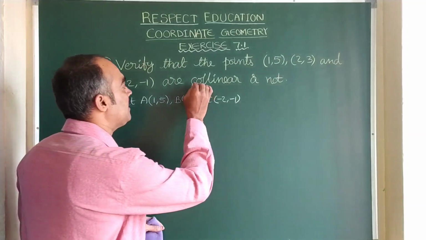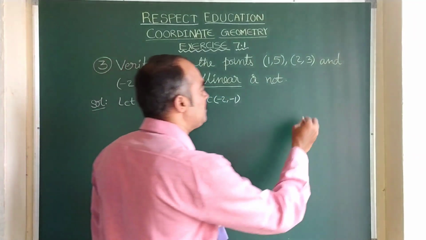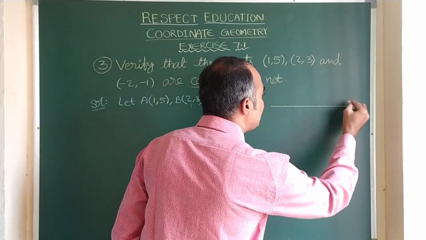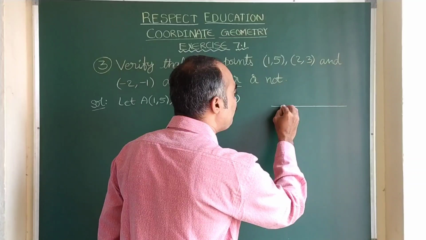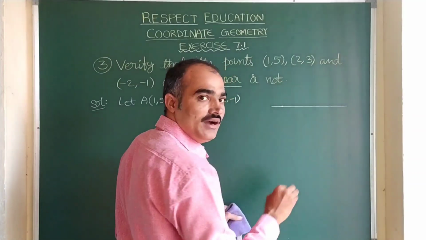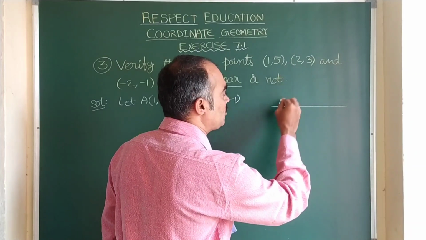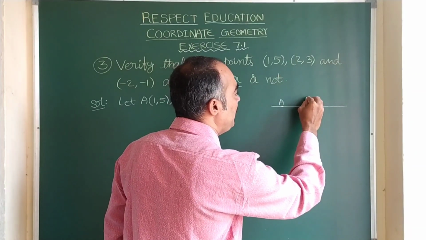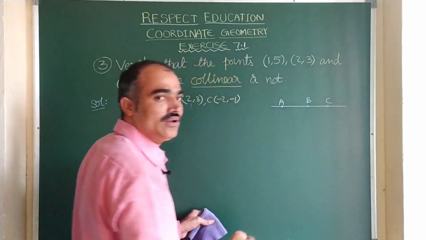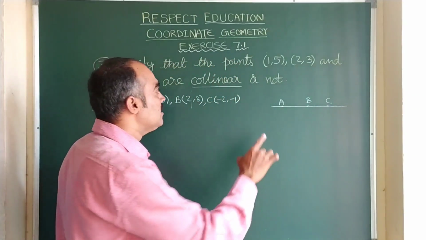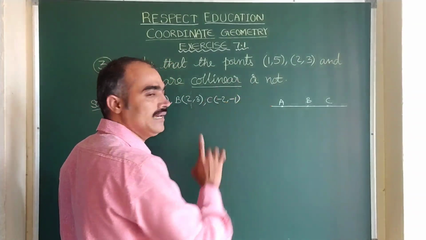First you need to understand the meaning of collinear. Collinear means, if all the 3 points A, B and C form a straight line, or we can say they lie on a straight line, then those points are said to be collinear.